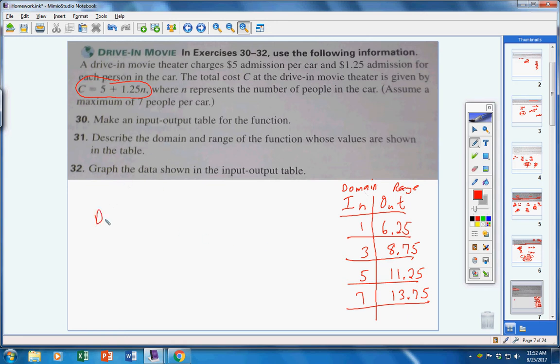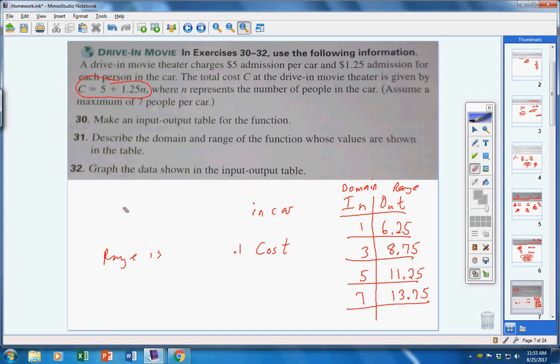I would say the domain is number of people in the car, and your range is the total what? Total cost. Okay, so if you have 1 person, total cost, 3 people, total cost, 5 people, total cost, 7 people, total cost.